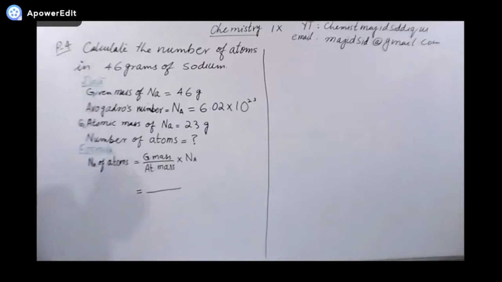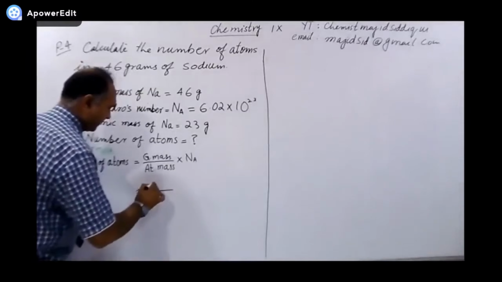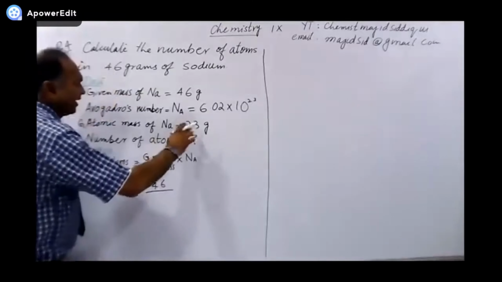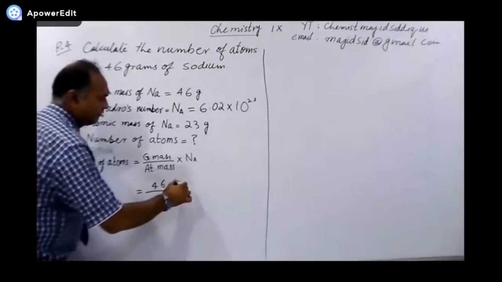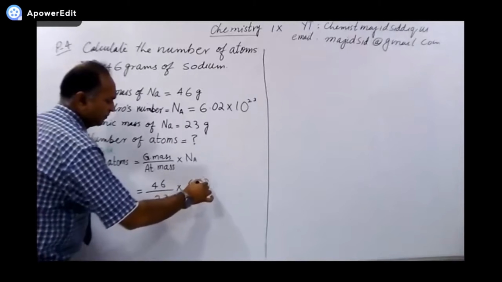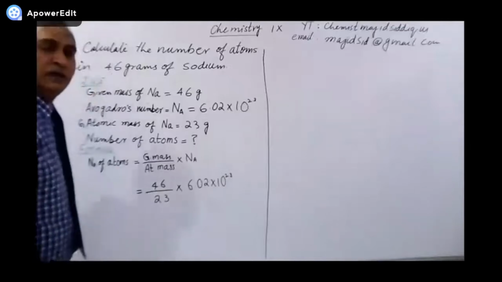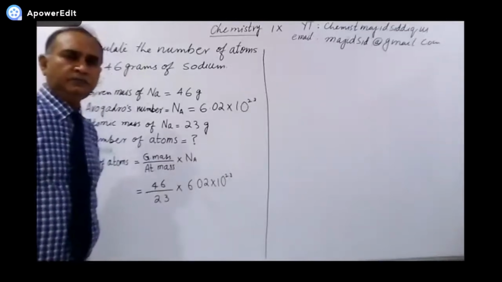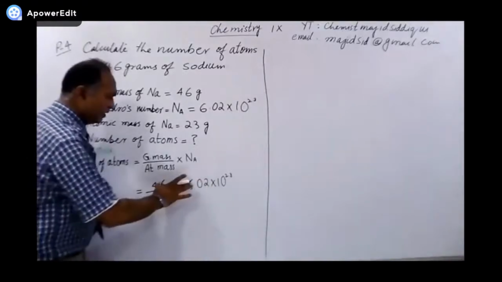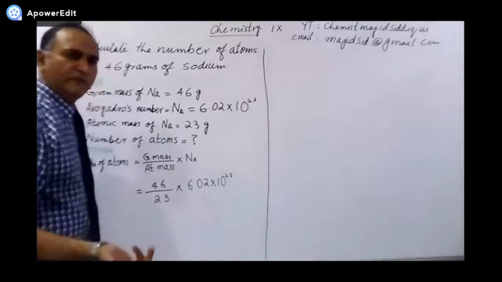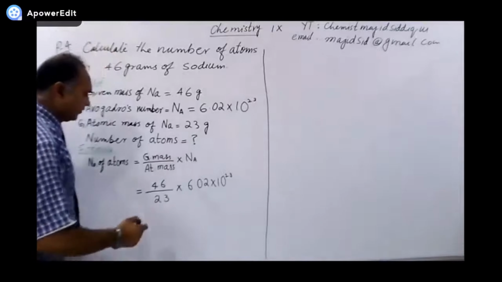What is the value of the given mass? 46 gram. What is the atomic mass? Multiply by Avogadro number. Now, either you first divide and then multiply the answer, or you first multiply and divide the answer, one and the same thing. Yesterday we first multiplied, then divided afterwards. Today we are dividing first.